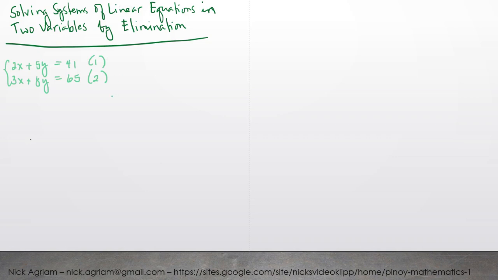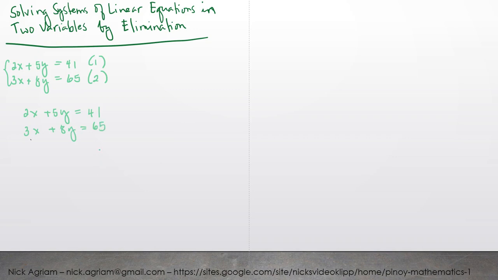So what I need to do is find something. 2x plus 5y is equal to 41. I will decide which variable I want to eliminate.